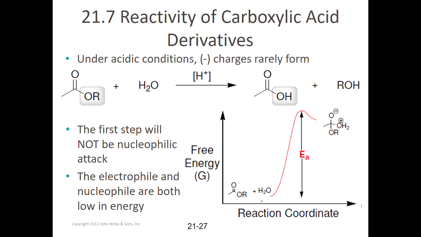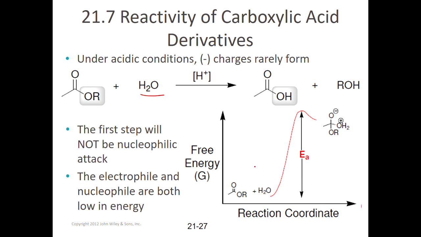All right, so let's take a look at some more examples, lots of examples of this type of reaction. So here I've got an ester, and I'm reacting with water under acidic conditions. So if I'm thinking about the mechanism, what's the most likely pathway that this is going to go through?